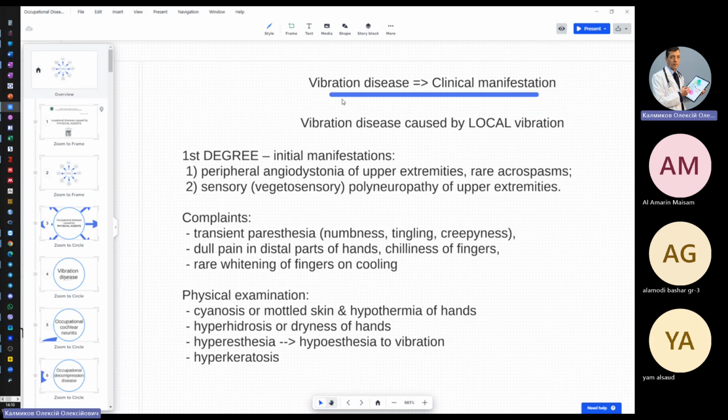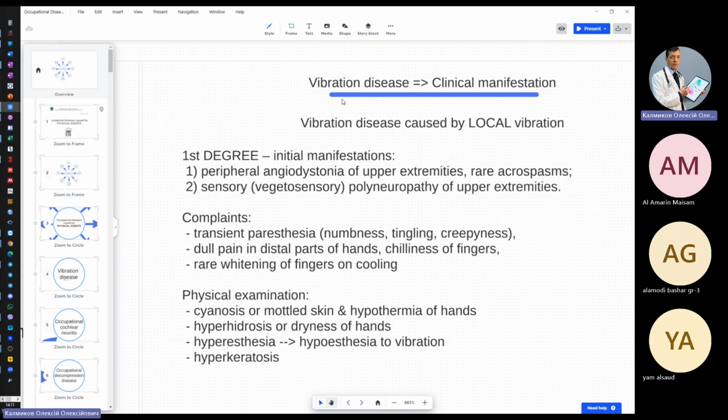And on physical examination, you might observe cyanotic or so-called mottled skin. By mottled skin, I understand that there are spots of normal skin color and cyanotic, and sometimes even red color, just small spots, like spotted skin.